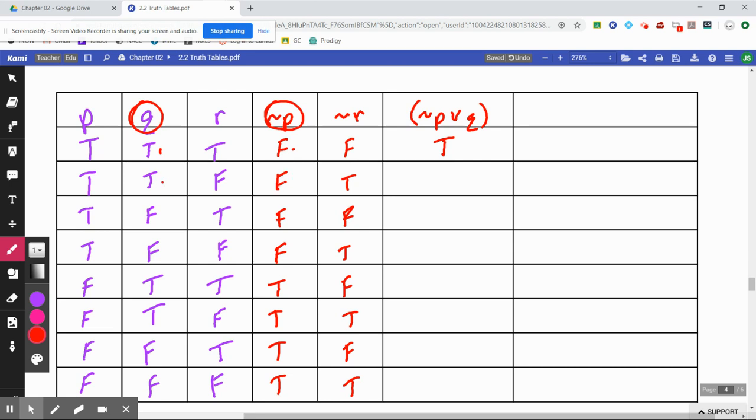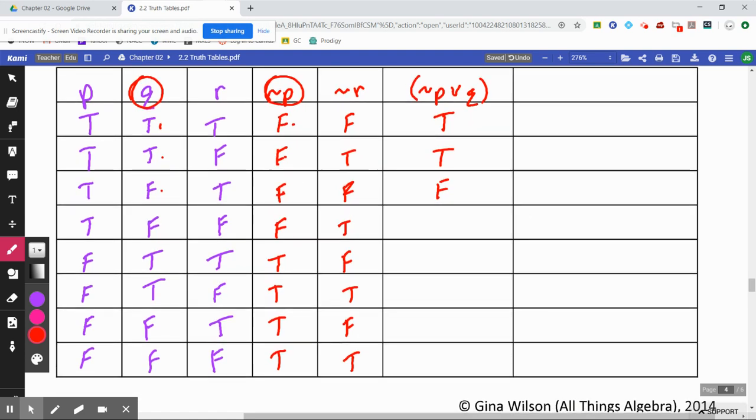True, false, which will be a true. False, false, which is a false. A false, false, which is also a false. A true, true, which is a true. A true, true, which is another true. A false, true, which is a true. And a false, true, which is also a true.